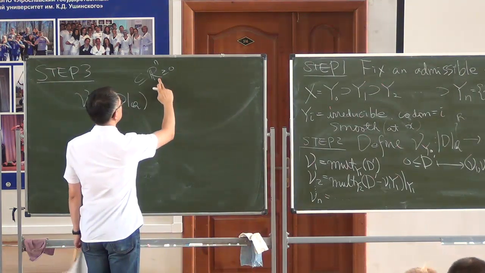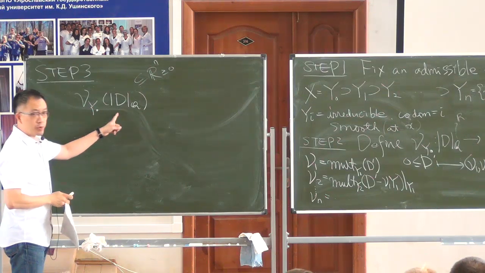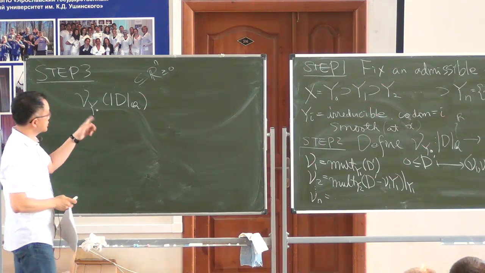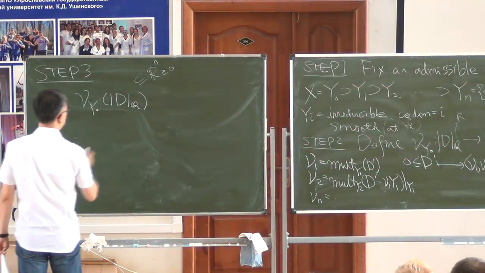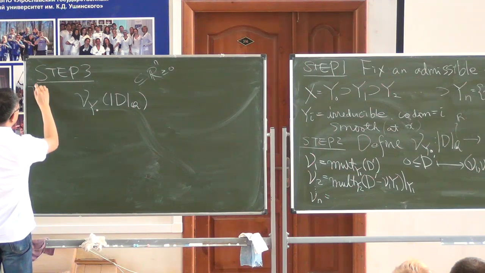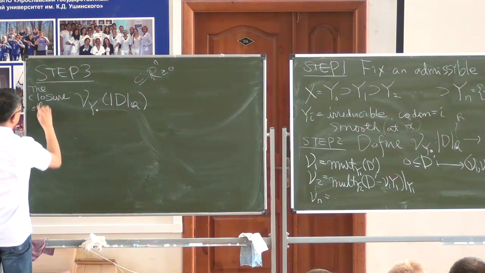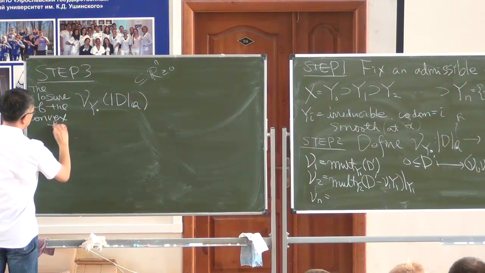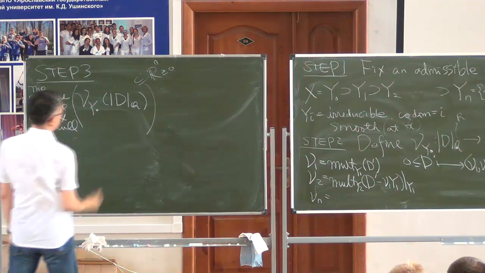And this is just a set of points, so there are many points. So you need to take the closure of the convex hull of this.